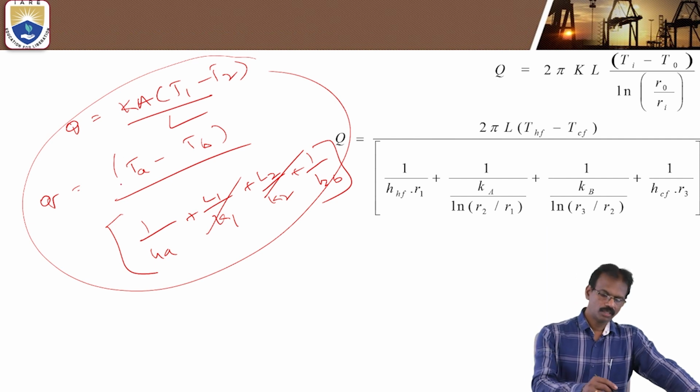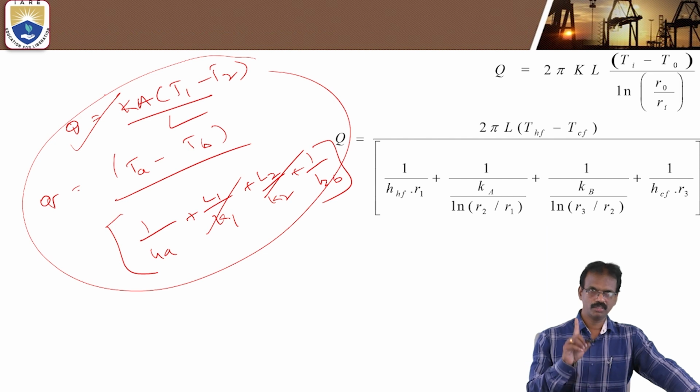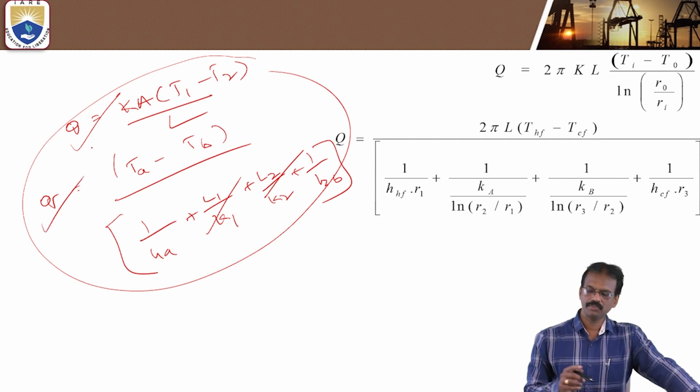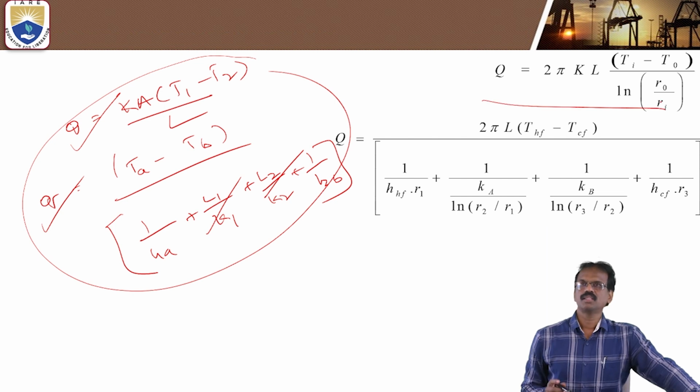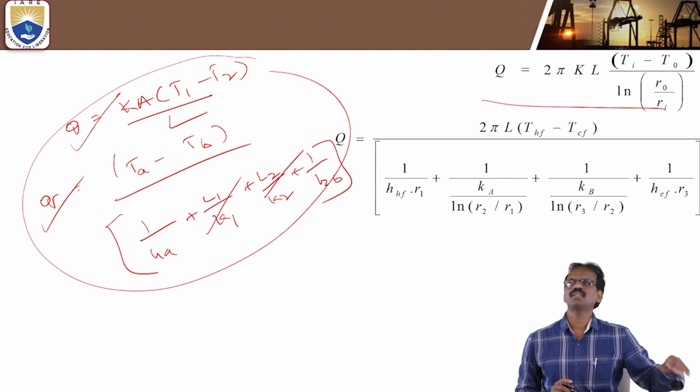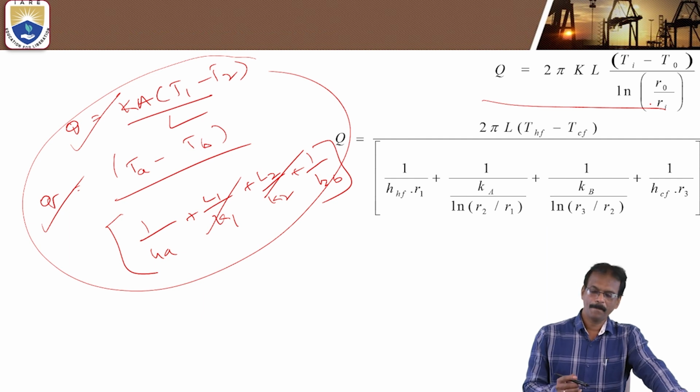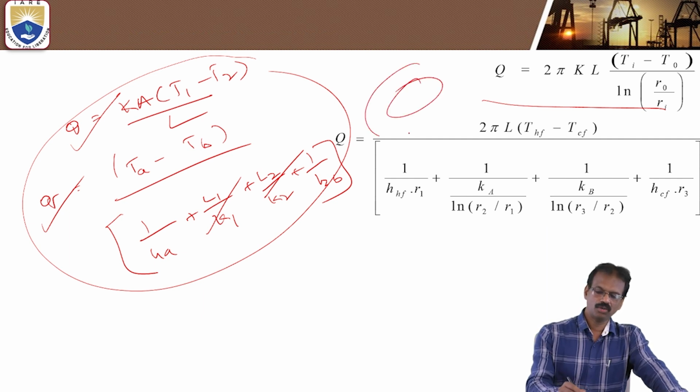These are the one-dimensional heat conduction equation for a single slab, and for the composite slab. And this is the one-dimensional heat conduction equation for the cylinder: Q is equal to 2 pi KL into (initial temperature minus final temperature) by ln(R naught by Ra). Consider a hollow cylinder like this one.